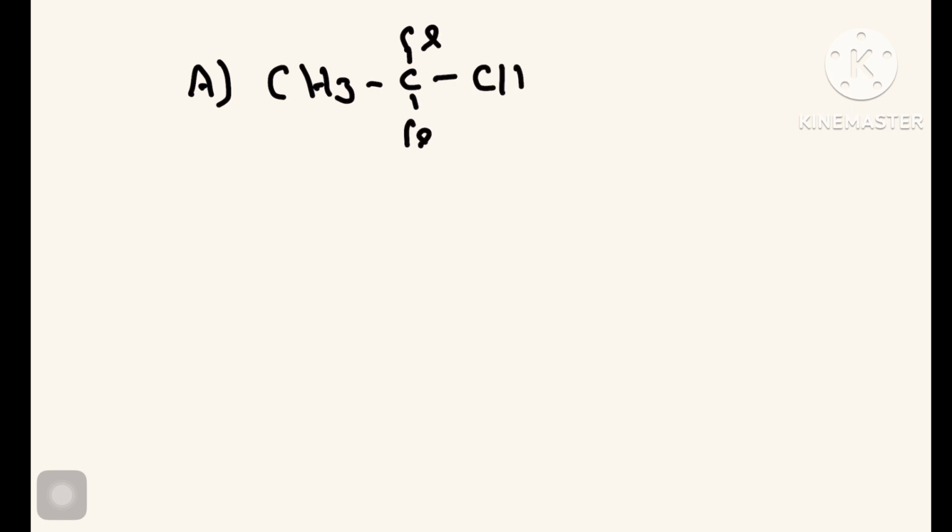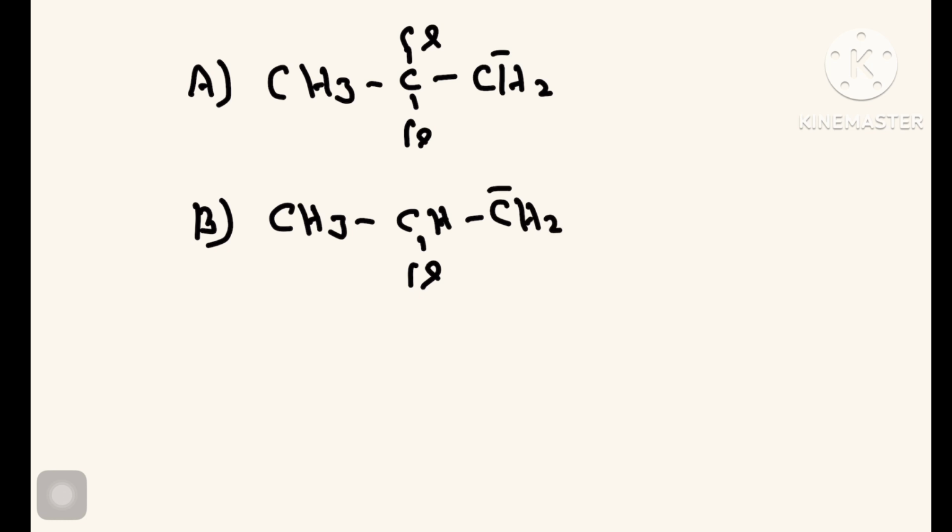Also one more, if I write here A, CH3, C, Cl, Cl, CH2 minus and B, CH3, CH, Cl, CH2 minus. So just here you can see minus I group.